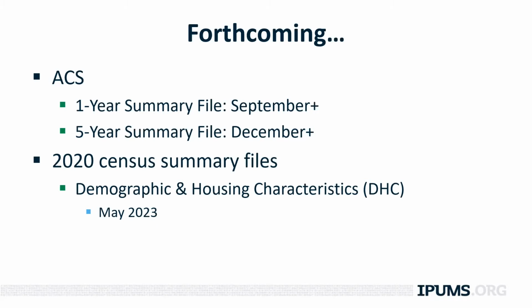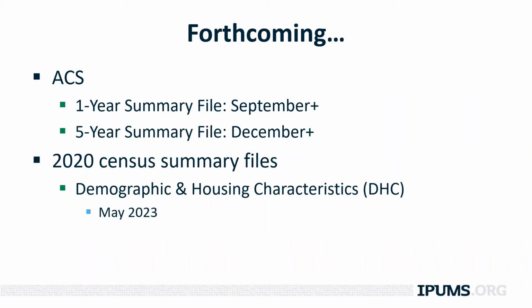The more interesting, unusual thing you may be waiting for is 2020 census summary data. The next round of 2020 census summary files will be out in May 2023, a full year from now. We currently have on our website the first release of 2020 census summary data, which is the redistricting data that has a very limited scope of subject detail.